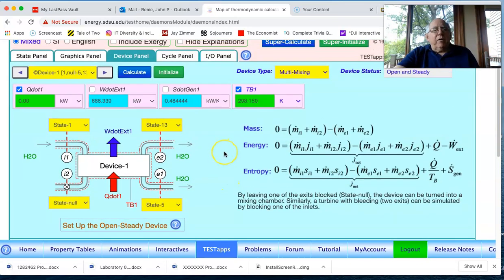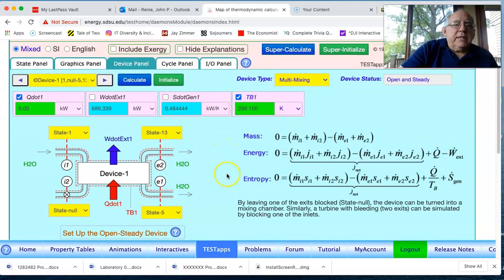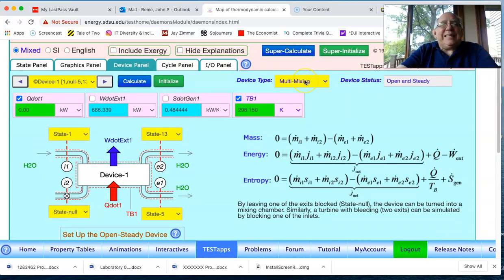Okay, now this is where things are a little bit different. This is a multi-mixing device panel that represents the two stages of the turbine. Looking at the two stages of the turbine, in essence, what you have coming in is the full mass flow coming in at state 1.